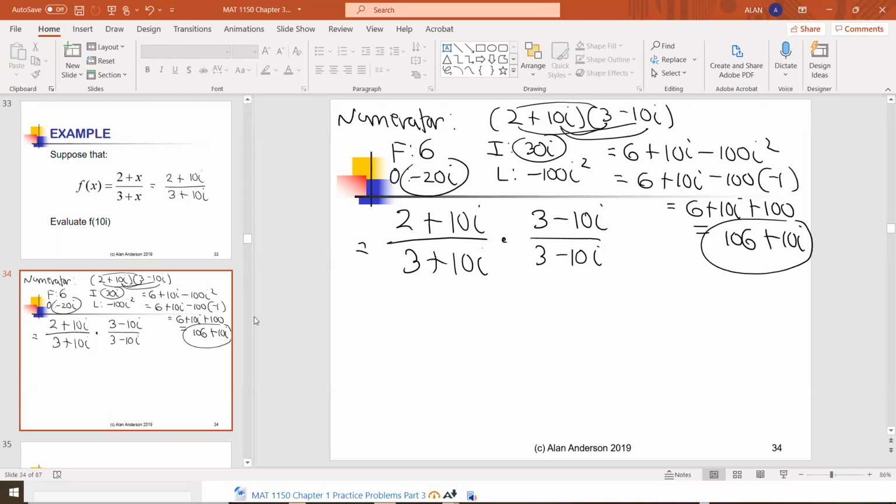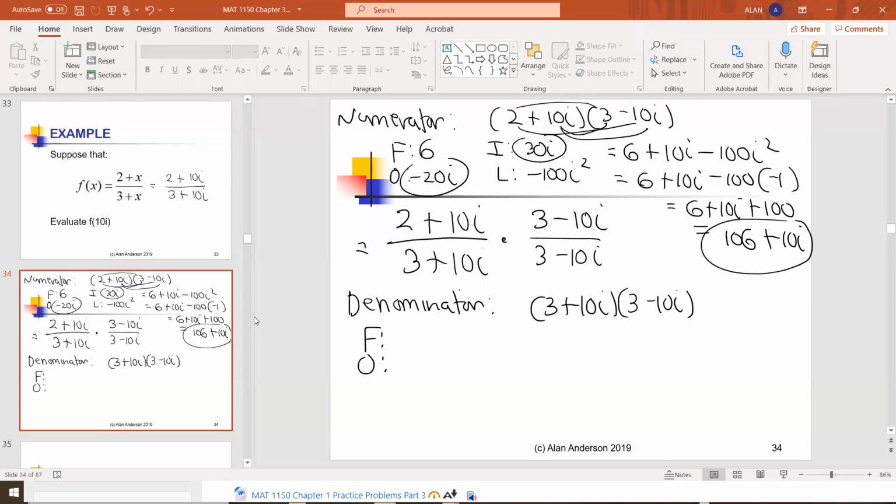Now for the denominator. Remember, in the denominator, this was designed to simplify our result. And in fact, it should end up being a constant, a real constant, that is. Let's check it out. So we've got 9 minus 30i plus 30i.